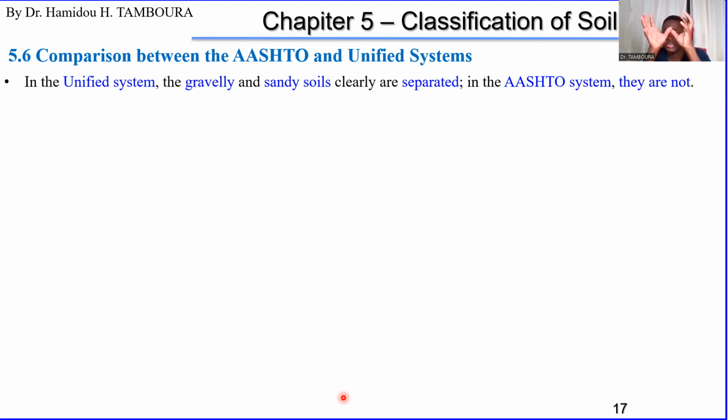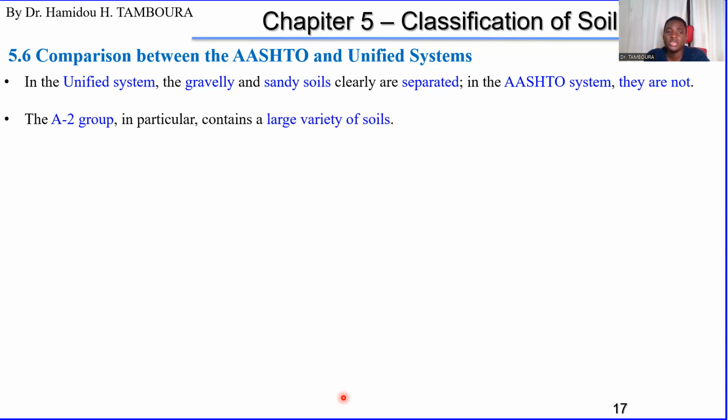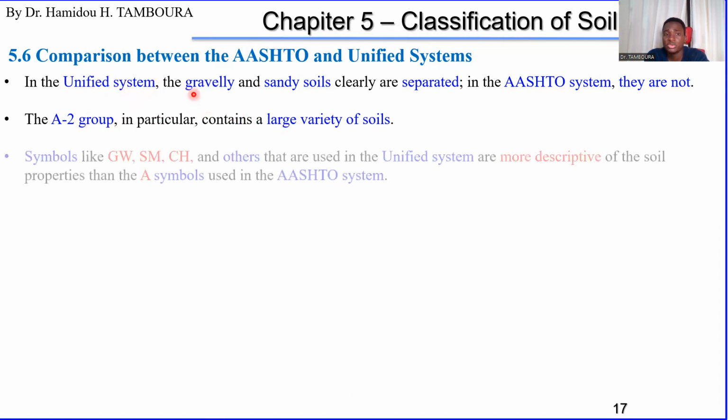These two are clearly separated in the unified classification system. However, in AASHTO, there is no big difference between sandy soil and clay and gravelly soil. They are not separated. If you see in the AASHTO system, the A2 group contains a large variety of soil, which is well separated in the unified classification system.